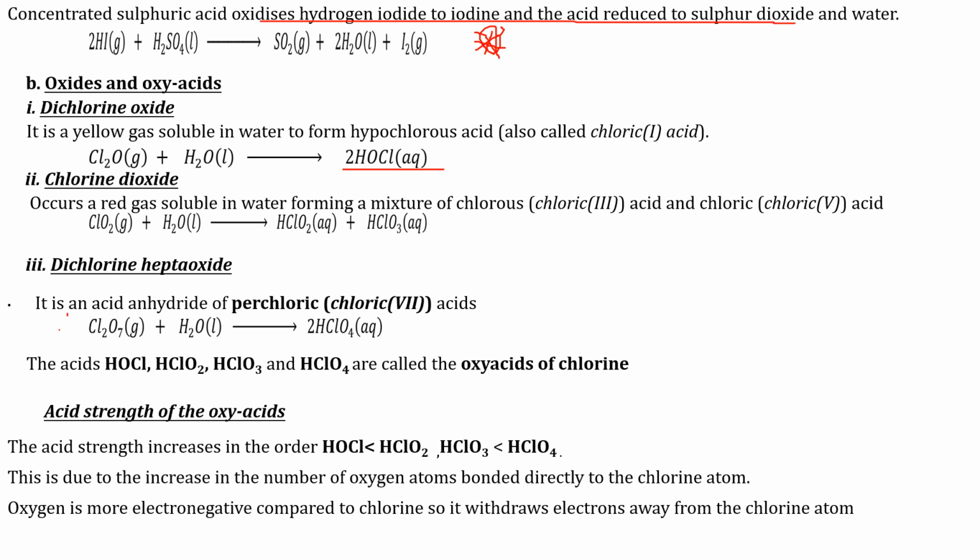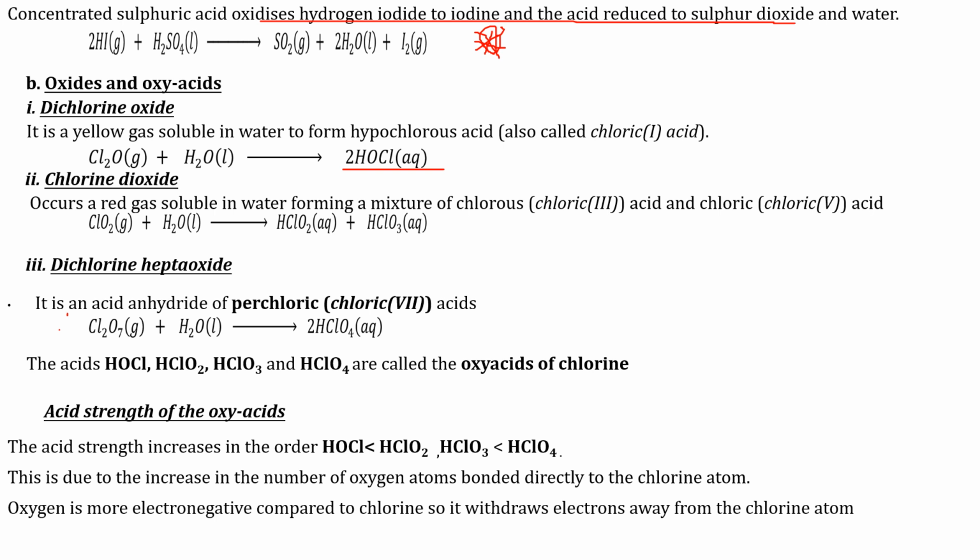The concept here is, oxygen is a more electronegative element. Oxygen is always going to be withdrawing bonding electrons. The more number of oxygen atoms, the more acidic that compound becomes.